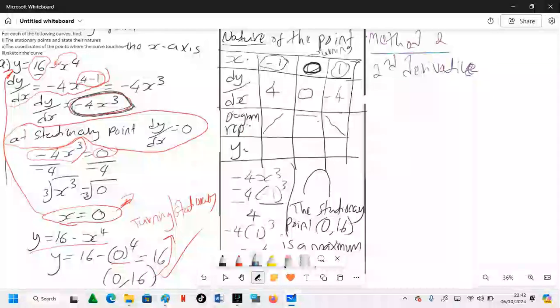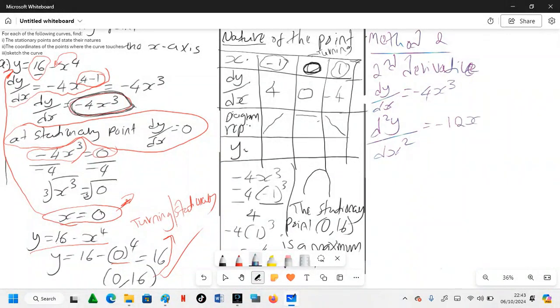Then you check the sign. If the sign is negative, then it's a maximum, and if the sign is positive, then it's a minimum, right? So our first derivative, dy dx, is equal to negative 4x to the power of 3. So our second derivative, d squared y over dx squared, is negative 12x to the power of 2.